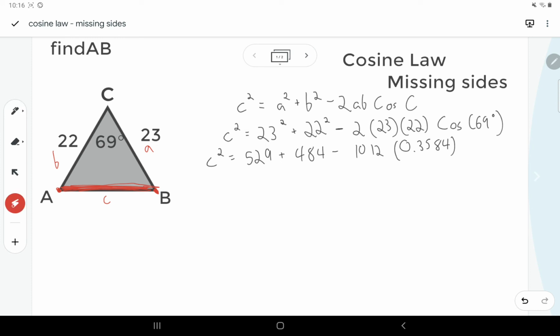Okay, now it didn't happen in this question, but just to let you know a little trick here, cosine can be negative. And if cosine is negative, we have to make sure that we're careful about this next step when we start multiplying these two values together. Because we have to remember that this 1012 is negative. So if we have a negative 1012 times a negative cosine, then we'll end up with a positive number.